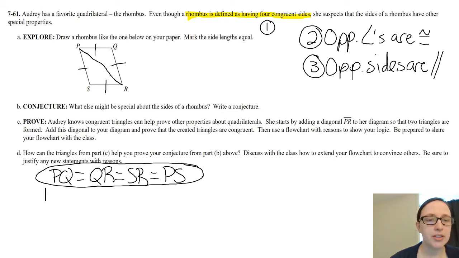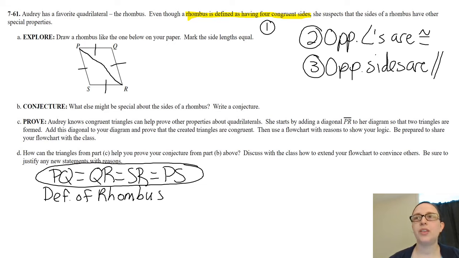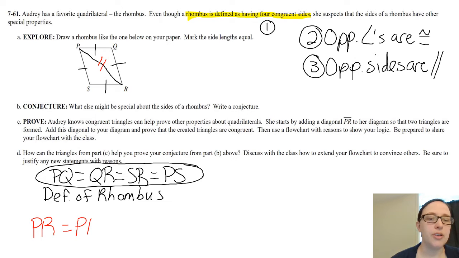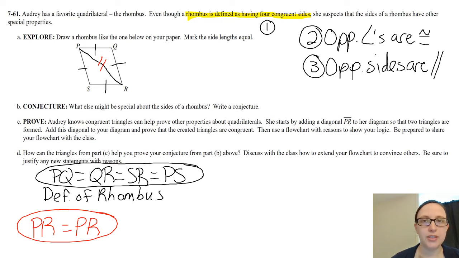We know this because that's the definition of a rhombus, 4 equal sides. The only other part that we need to prove that our 2 triangles are congruent is that PR is equal to itself. So we can say that PR is equal to PR. And the reason for something equal to itself is, that's right, reflexive property.